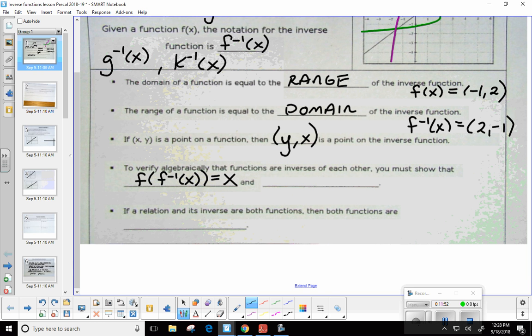You remember when we were taking equations and plugging those into another equation? If I can plug one function into the other and it simplifies to x, this is going to tell me they're inverses of each other. But it's not just one way. It has to be able to work both ways. So here's f of f inverse. It also has to work for f inverse of f.